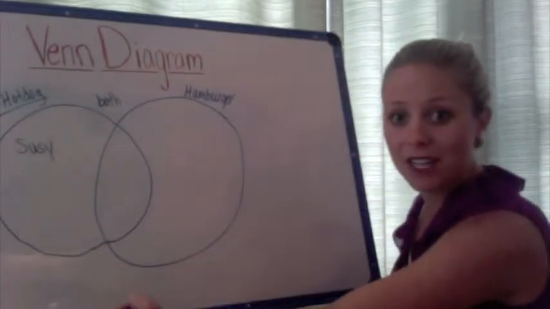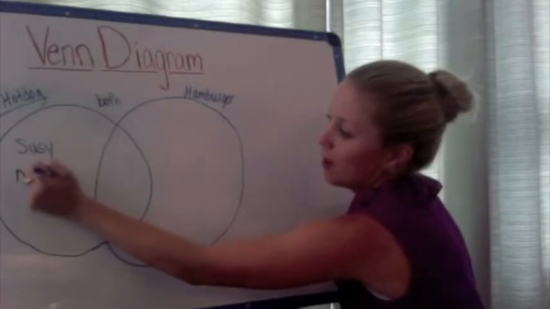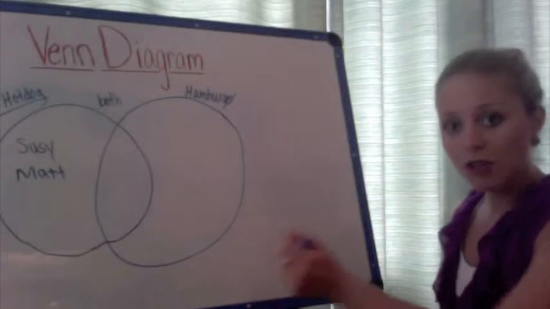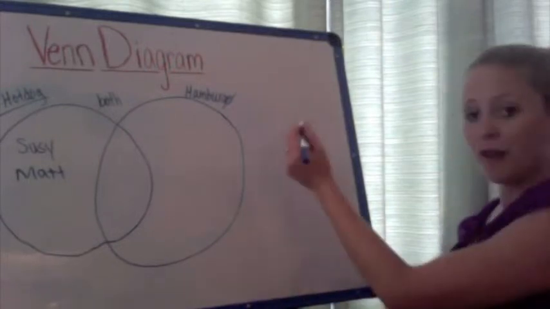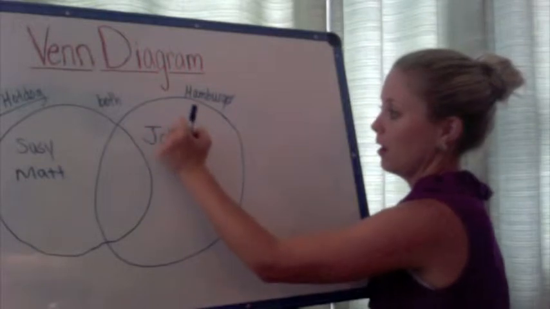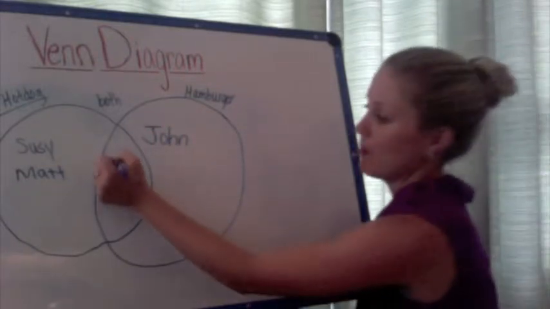And so does Matt. But John, he said he's more of a hamburger guy. So I'm going to put John over in the hamburgers. And we already know I like both, so I'll put my name right in the middle.